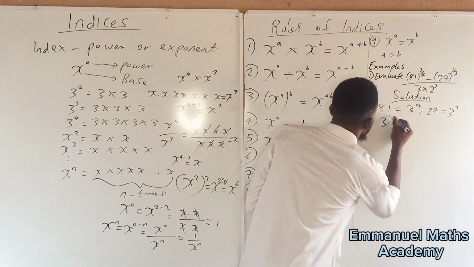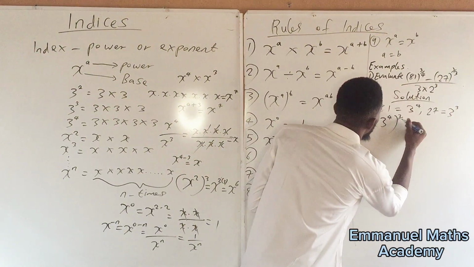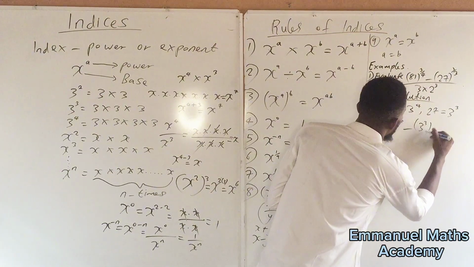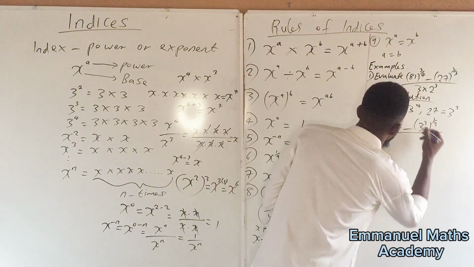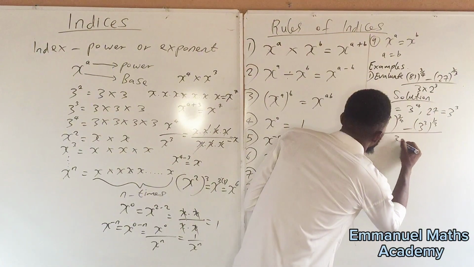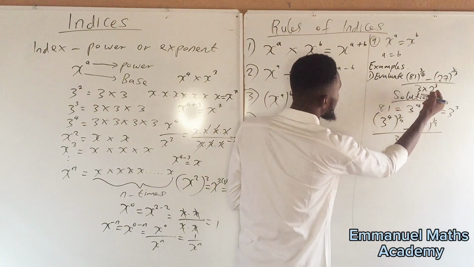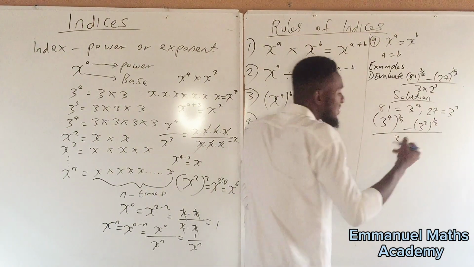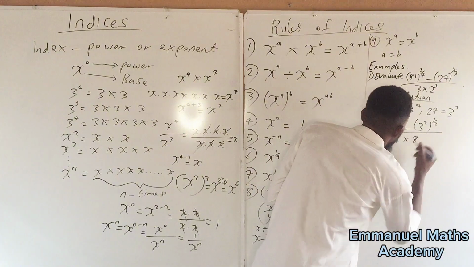Now, substituting the values where you have 81 and 27, you have 3 raised to power 4, all power 3 over 4, minus 3 raised to power 3 over 1 over 3, and 3 times 2 raised to power 3, which will give you 2 times 2 times 2, that is 8, right?